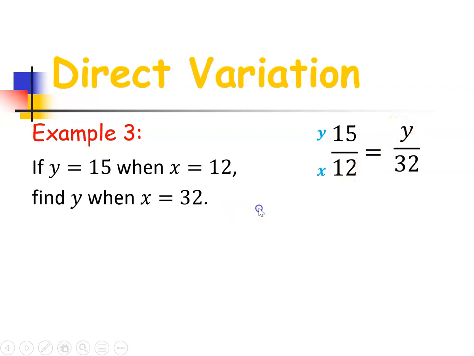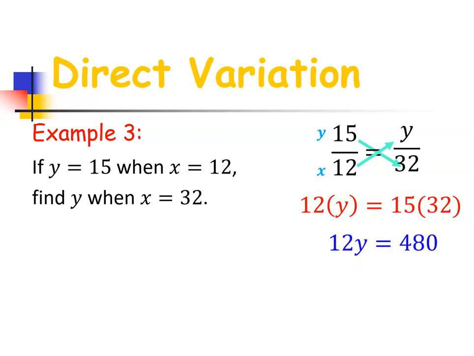So I'm going to do 12 times y first because I want that letter on the left. So you get 12y equals 480. And of course, if y'all see any mistakes, always please let me know. Then 12 and y are right next to each other. They're multiplying. How to get rid of multiply? With divide. So I have y, I'm sorry, that should be y equals 40. Look at me messing up there. Copied it from somewhere else. This should be y equals 40 because we're finding when y is.